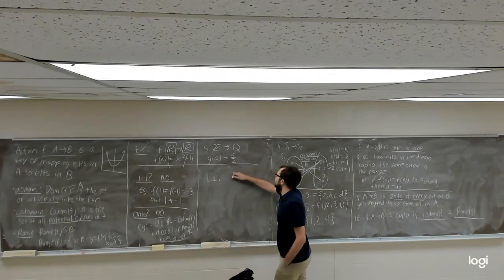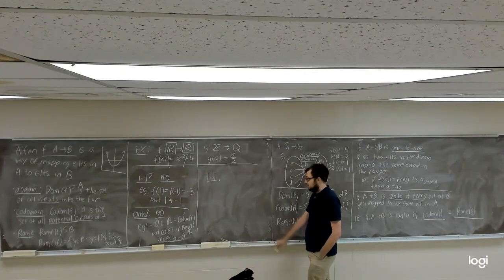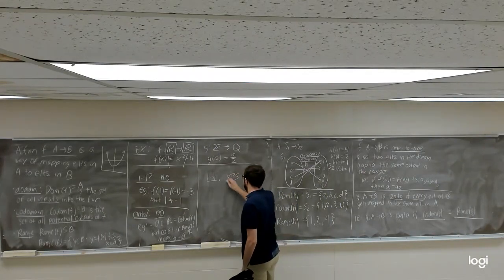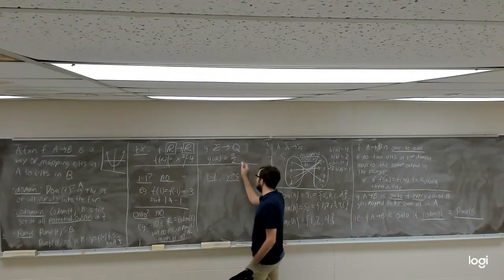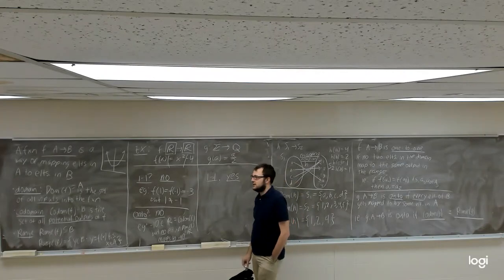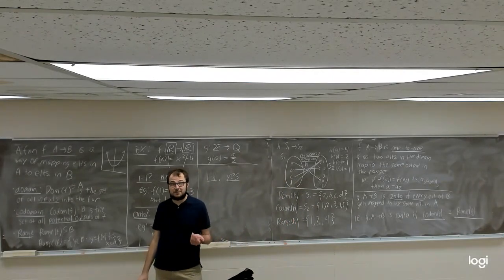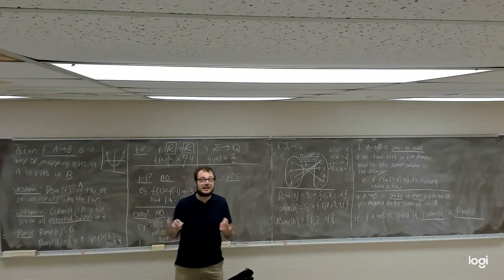Anyways, is this function one-to-one? I would argue yes. That no two elements in the integers are going to map to the same rational number. Because there's no two integers that when you divide them by 2, you get the same thing unless you started with the same two integers.